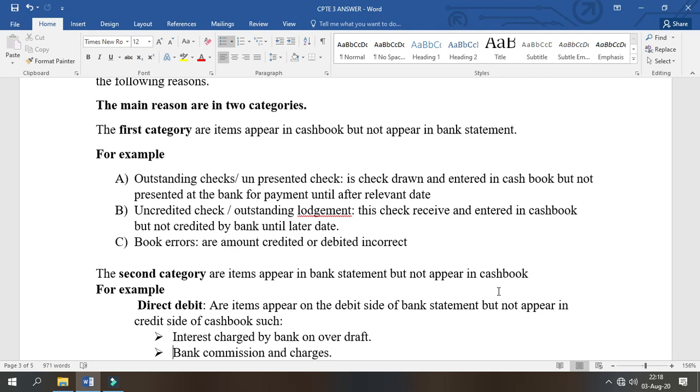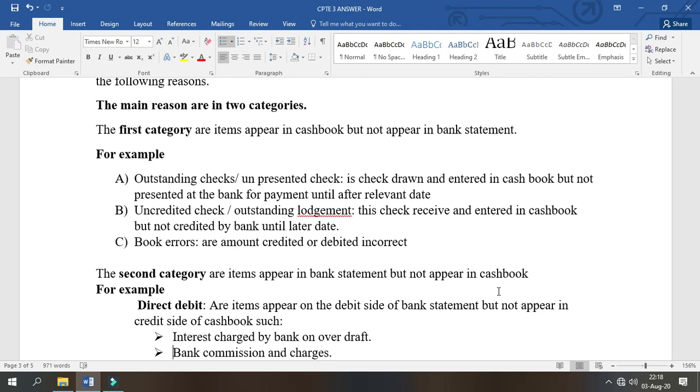Another example of an item that appears on the debit side of the bank statement but not on the credit side of the cash book is bank commission and bank charges. The bank may charge a customer some commission because the bank can purchase shares on behalf of their customers and get some commissions.